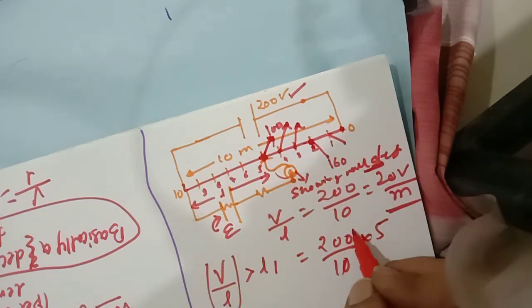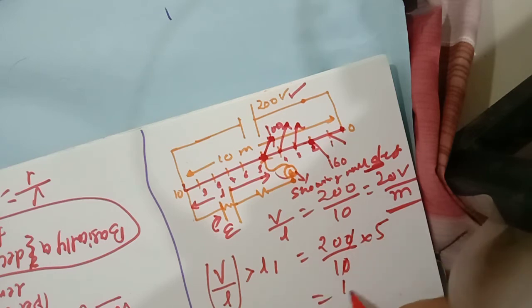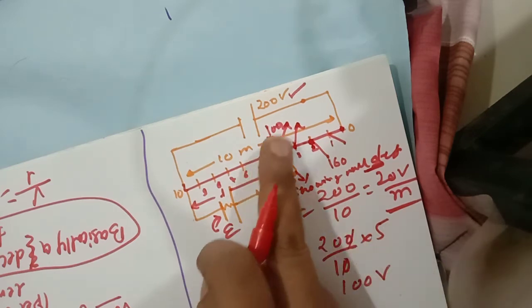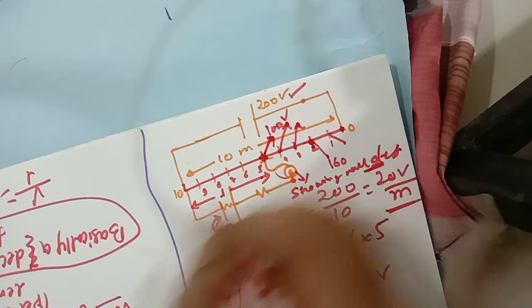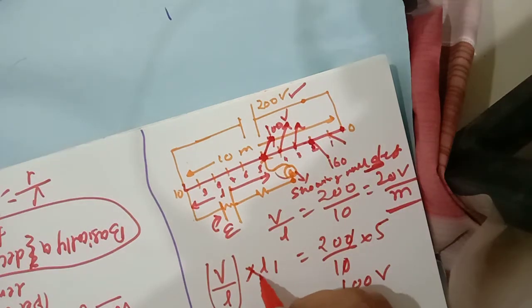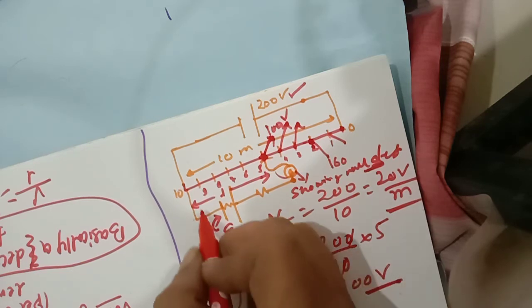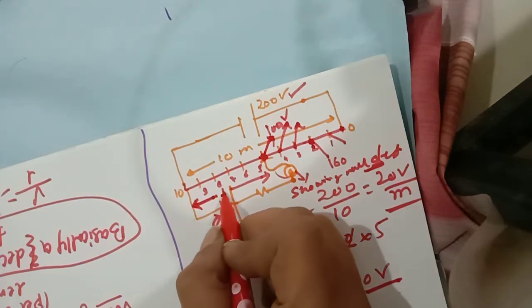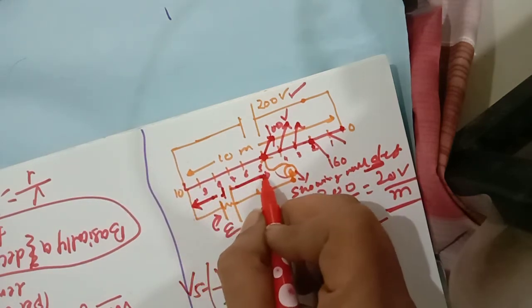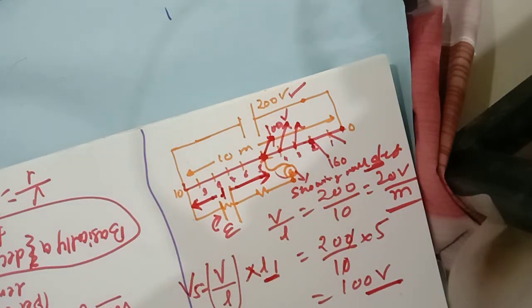So 200 by 10 into 5, it is 100 volt. Look, we have found it is 100 volt. So basically, in volts, we were finding the voltage at 0.5. So V by L into L1, where L1 is the distance from the 0 voltage point to that point, correct? Understood?